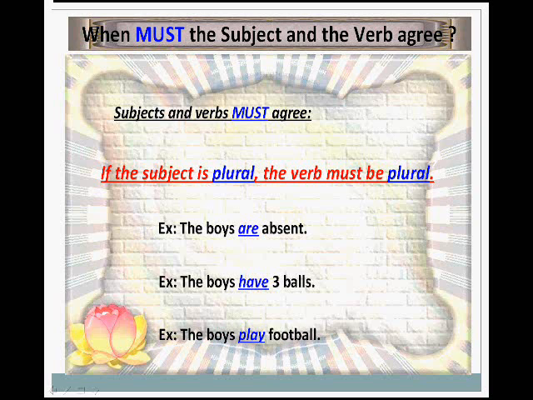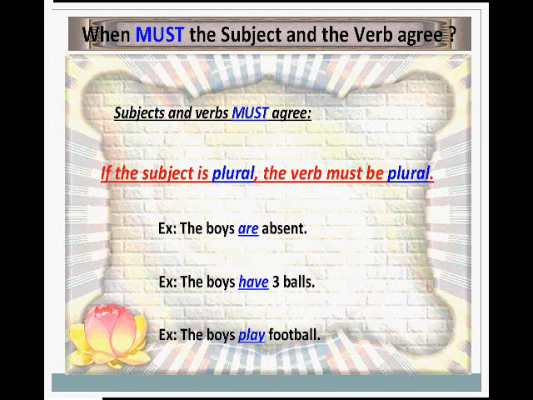The boys play football. See here, boys, this is the plural of the subject. Then I have the verb play without S. So in this case there is only one S in the sentence, either I put it in the noun, boys, or if I put it in the verb when I talk about the singular, it will be plays.